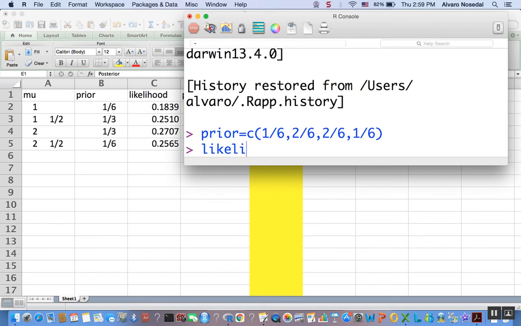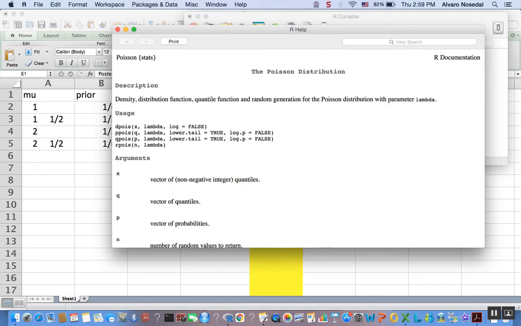Now our likelihood. We know that we want to use Poisson as a model for our likelihood, and there's a function called dpois that is going to help you evaluate the distribution, or the probability mass function, of a Poisson, right?